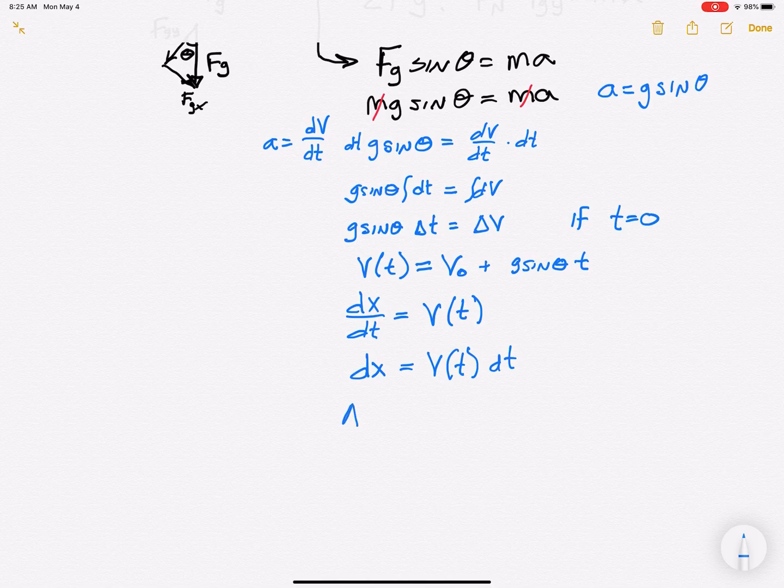So my change in my x position, because I'm going to take the integral, is going to be the integral of v naught dt plus g sine theta integral of t dt.